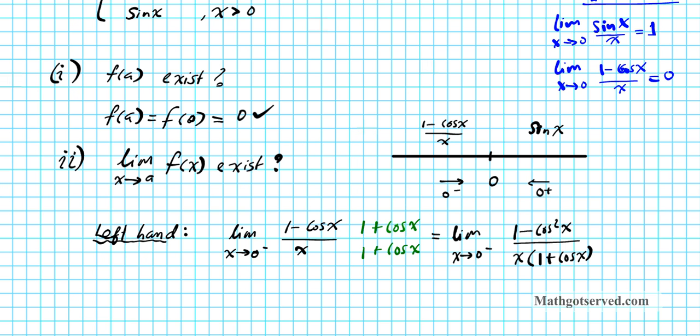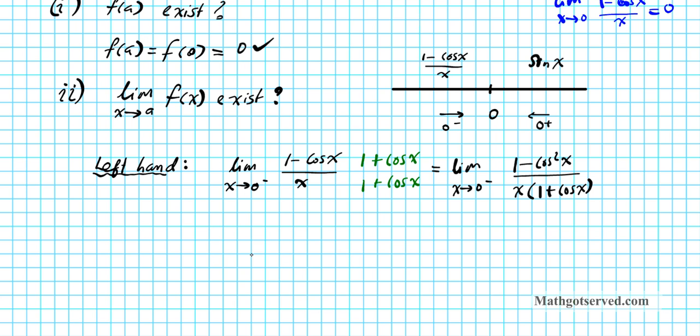Okay? Now, using the Pythagorean identity, we can rewrite the numerator as sine squared x, because we know sine squared x plus cosine squared x equals 1, hence 1 minus cosine squared x is equal to sine squared x. Alright, so that divided by x times (1 plus cosine x).